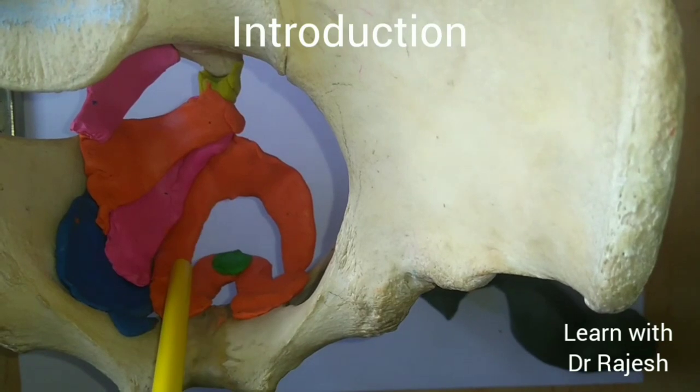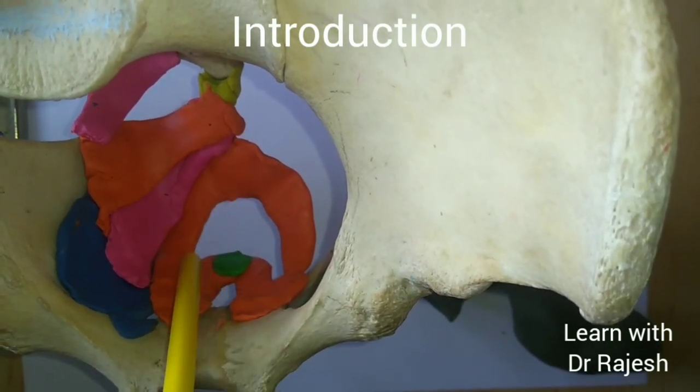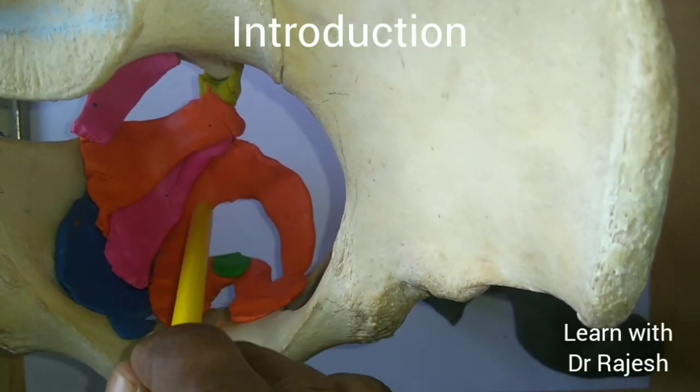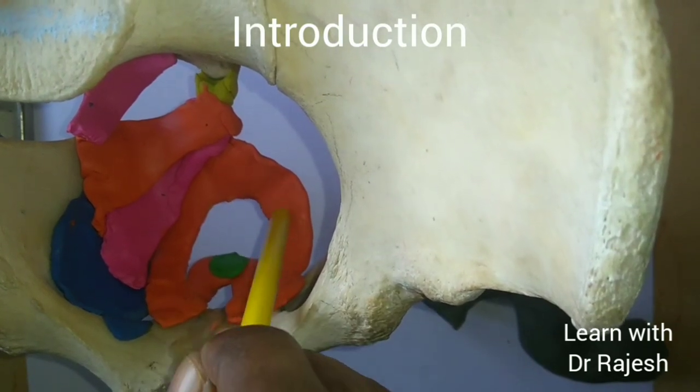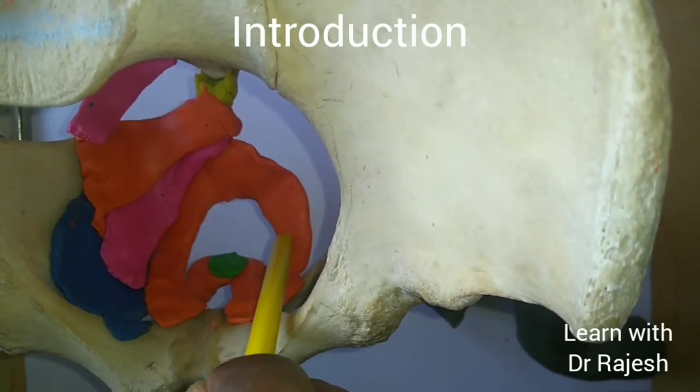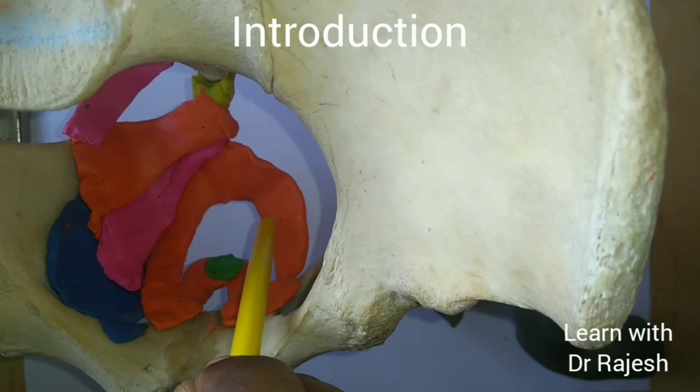This muscle is the puborectalis because it forms a sling around the anorectal junction.